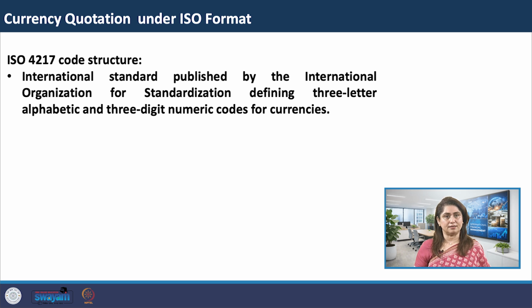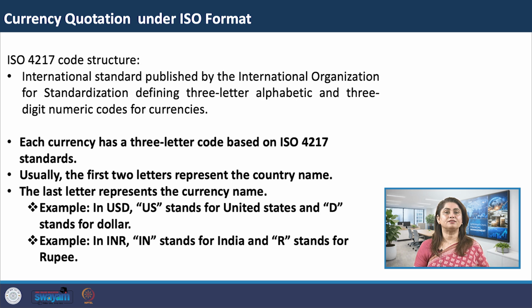Each currency has a 3-letter code decided by the International Organization for Standardization. ISO 4217 is the standard used for currency codes. Usually, the first 2 letters show the country and the last letter shows the currency name.